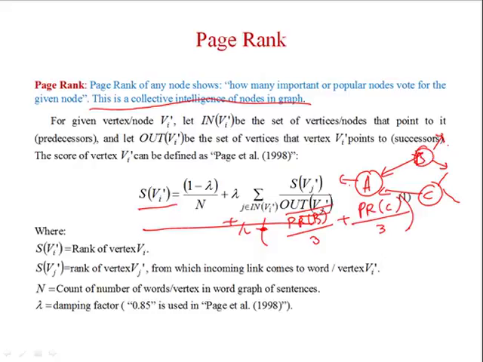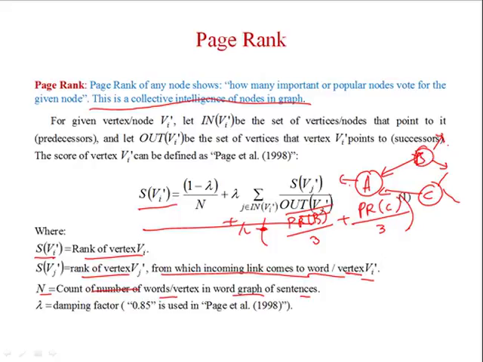So now here, S(Vi') is the rank of vertex Vi', and S(Vj') is the rank of vertex Vj' from which an incoming link comes to the vertex Vi'. N is equal to the count of the number of vertices in the graph. Here we consider the word graph.